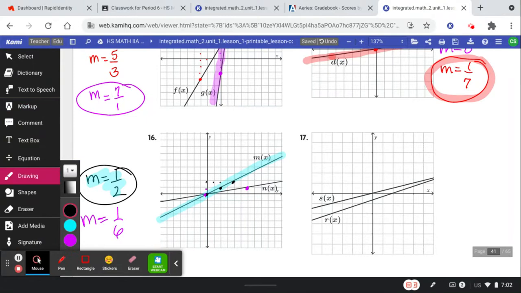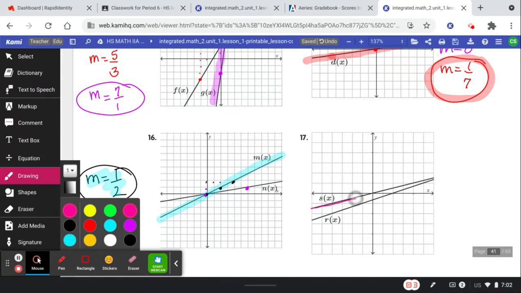would be our function that's increasing faster. All right, looking at this one, we've got this line that's kind of going at a shallower pace, and this one that looks like it's going up a little bit faster. Let's go count those slopes from this corner to this corner would be up 1 over 3 for the red line.